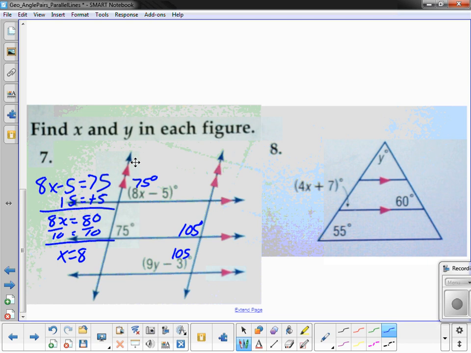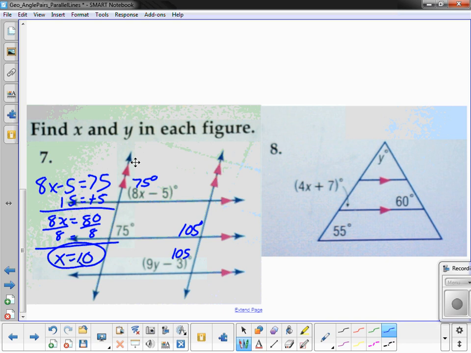Whoa, back up. Hold the phone. I need to divide both sides by 8. I'm dividing by 8 on both sides the same. So x is 10. Now if I put a 10 in there, 8 times 10 is 80, minus 5 is 75. So x is 10, that works.